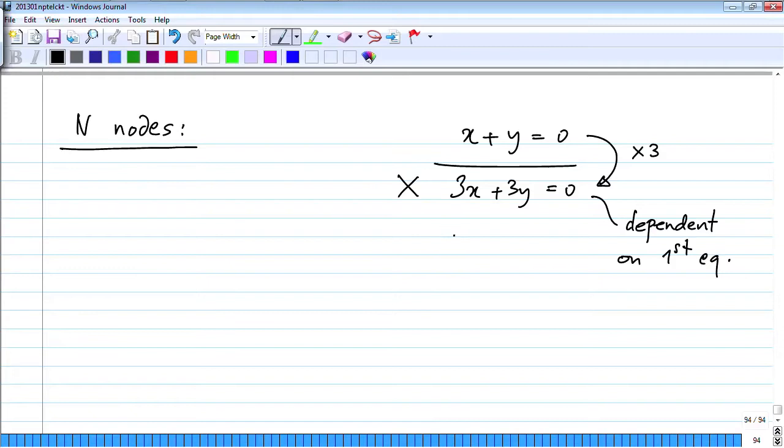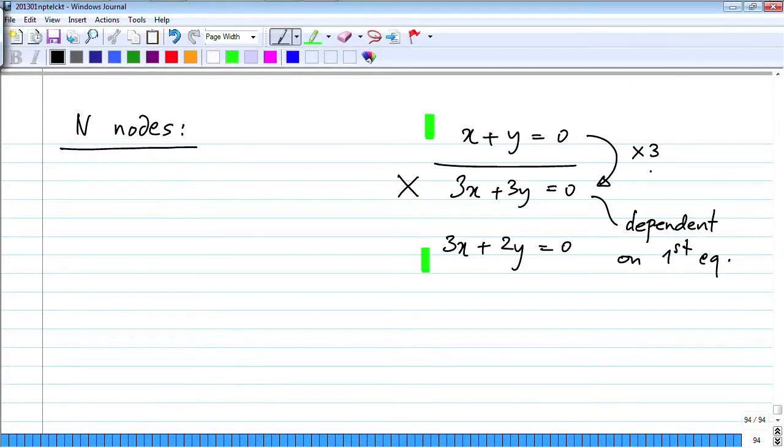Now if you had a second equation which was, let's say, 3x plus 2y equal to 0, clearly you cannot get this by multiplying the first by any number. This is an independent equation. So using these two, you would be able to solve for both variables x and y.